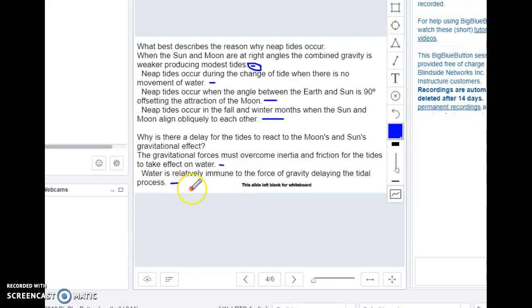Water is relatively immune to the force of gravity, delaying the tidal processes. All right, the correct option is the gravitational forces must overcome inertia and friction for the tides to take effect on water.